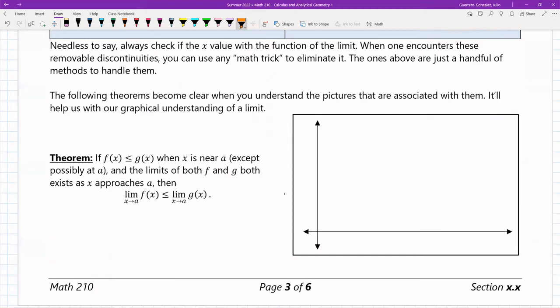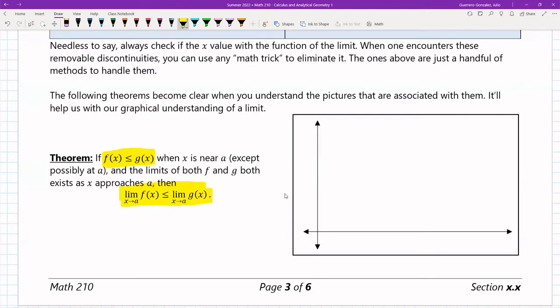Suppose you have a function f of x that is always smaller than or equal to g of x, except possibly near x equals a, and both the limits for f and g exist as x approaches a. Then the limit should also keep the order.